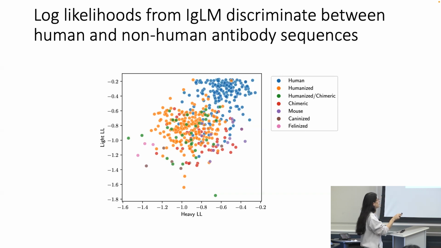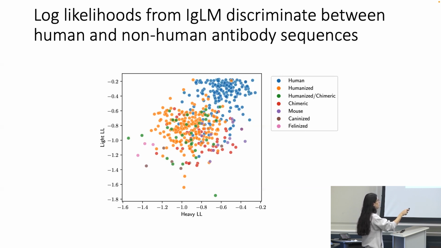So maybe we see the human antibodies separate quite well, so they sort of cluster and blob together up here. And then for the rest of them, it doesn't seem to be as distinguishing. And so my question to you is, well, you see these orange points up here in the human cluster. So we know orange is for humanized antibodies.